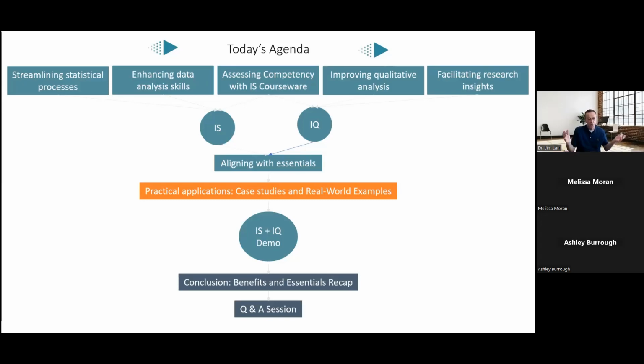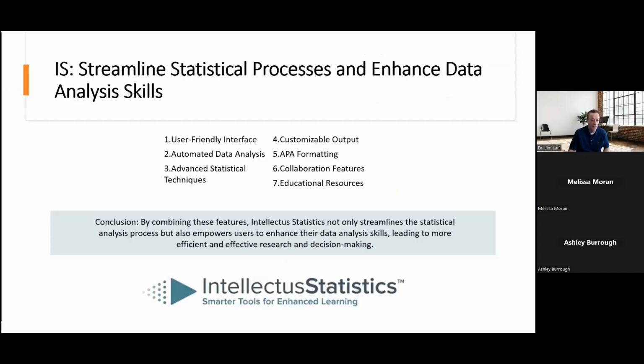Then I'm going to tie those two tools and courseware together to align with the Essentials. I'll talk about 5 basic example applications, do a demonstration, conclude with some comments about benefits, and then open it up to you all. That's the agenda for the day, so let's just get to it.